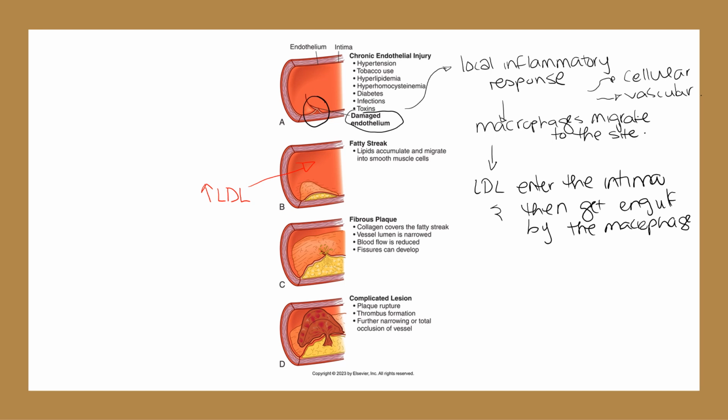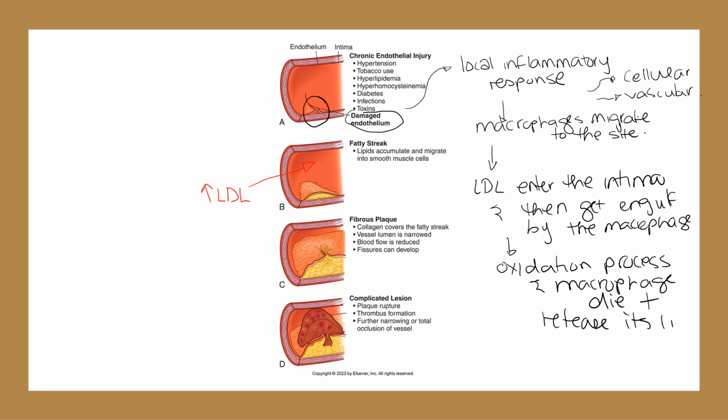And once the LDL gets engulfed by the macrophage, there is going to be an oxidation process that will occur, and the macrophage will die and release its lipid core.